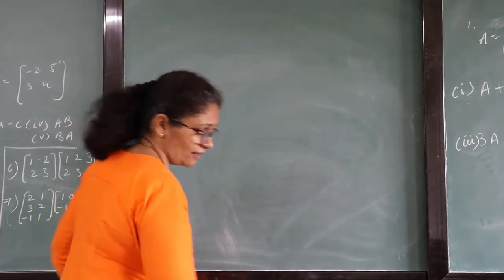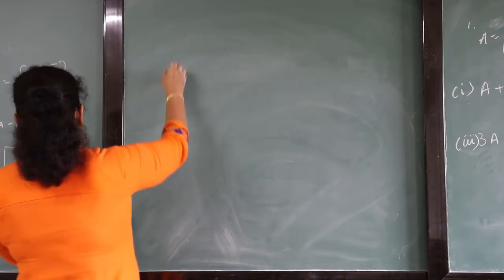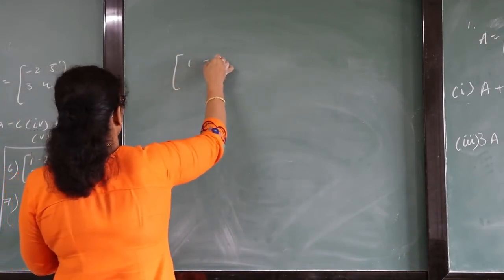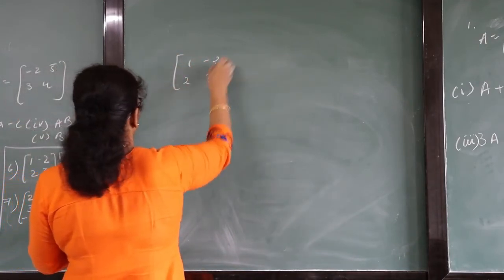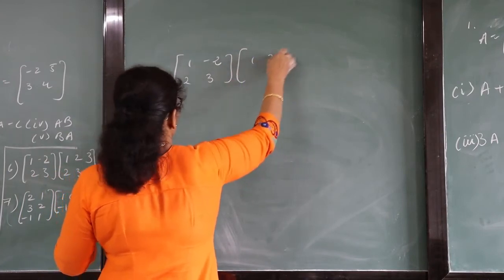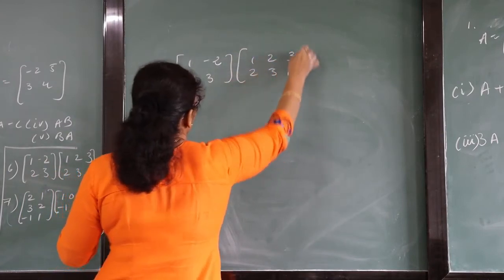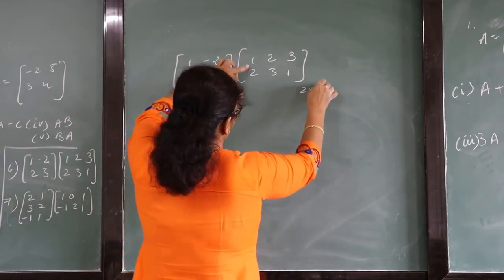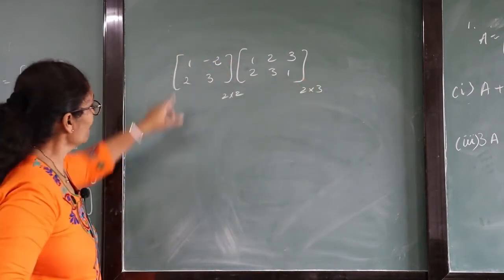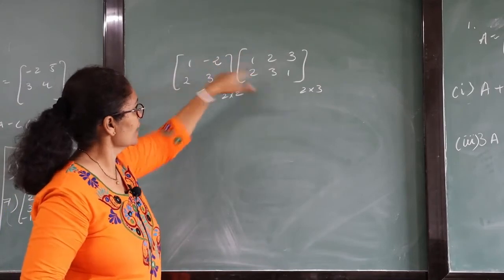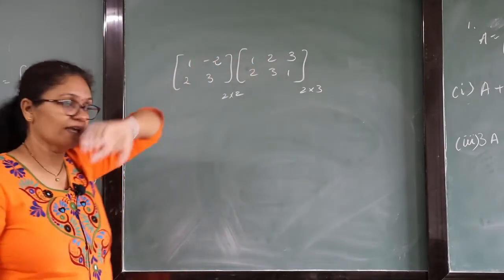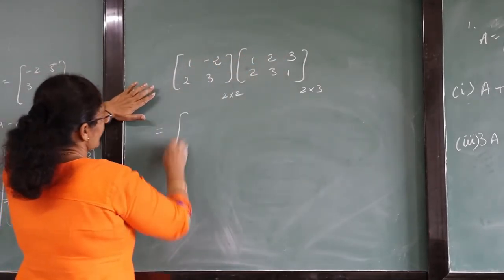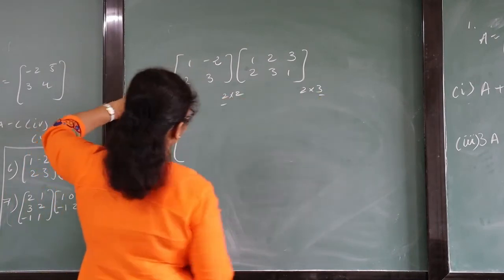First we have to check, can we multiply it or not, and if we can multiply, then we go further with the method. So let's see: the first matrix is 2 by 2 and the second matrix is 2 by 3. Now when you multiply first row with first column, second, third, we can multiply easily, and the answer you will get is 2 by 3.